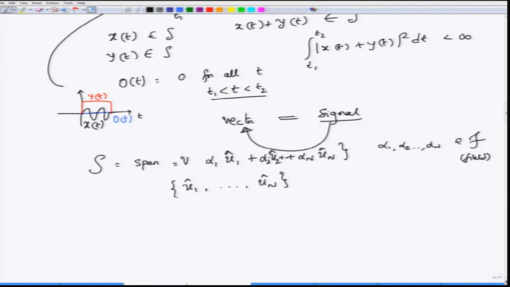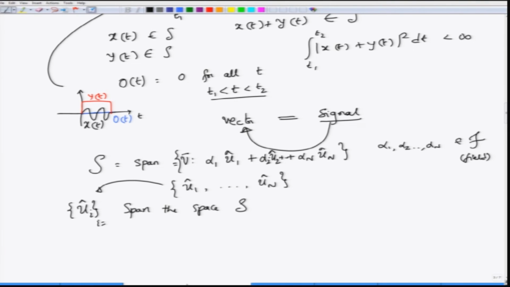So, if I call this vector V, wherein each of those vectors V is given by a linear combination of these vectors for different values of alpha 1 through alpha n, the set of all those vectors V which have been built up as linear combinations of vectors u1 through un are said to belong to the span, and we say that u1 through un span the space S.